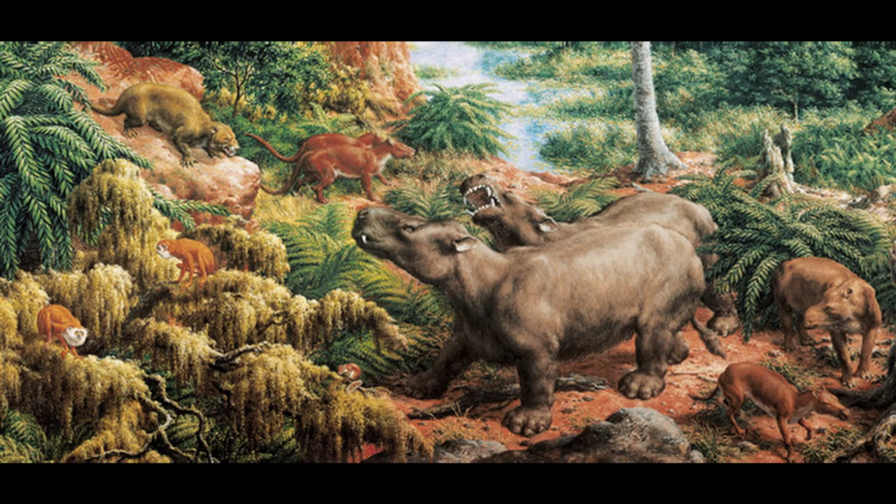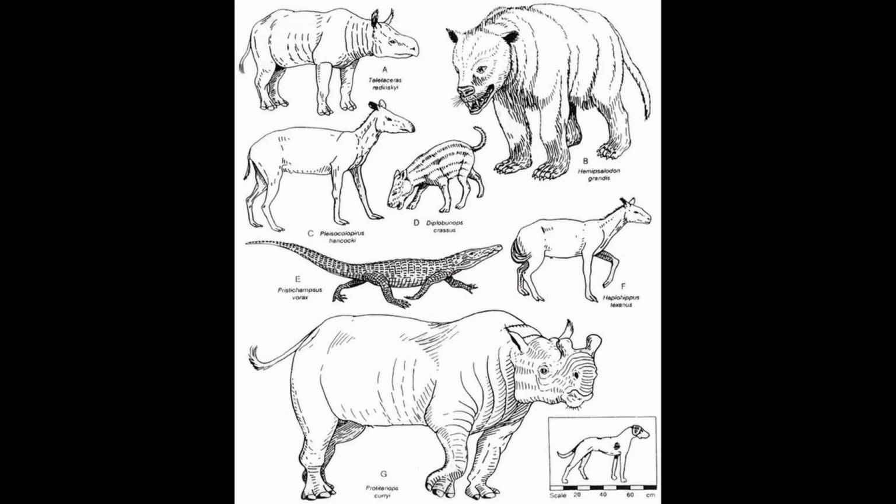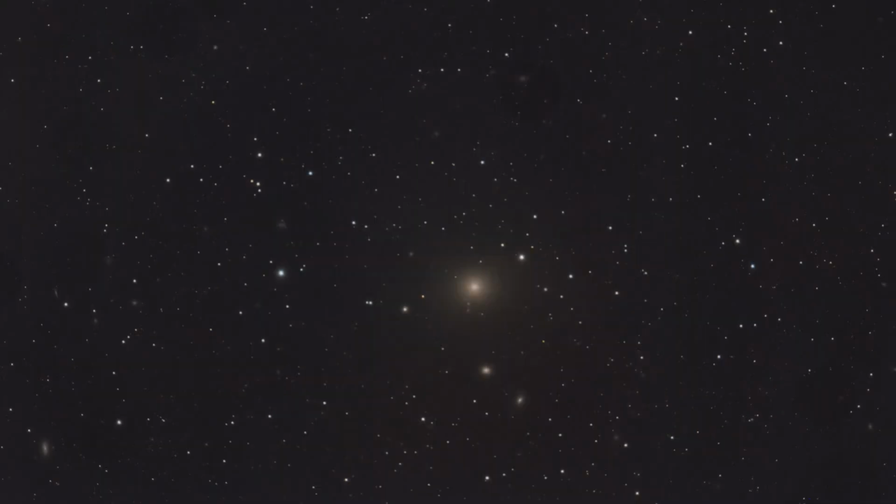So by anybody's standards, that's an awful long time ago. You'll notice that I'm going to be using the phrase "around about the time of", and that's simply because of the uncertainty of measurements, both in terms of celestial objects and indeed time periods on Earth.